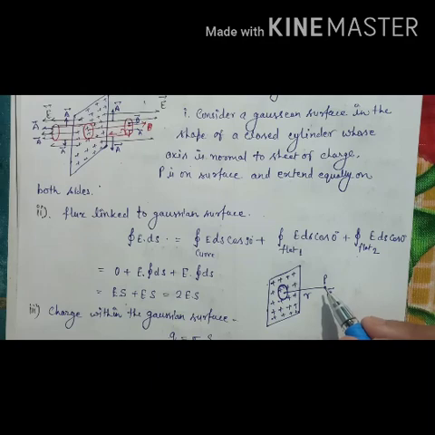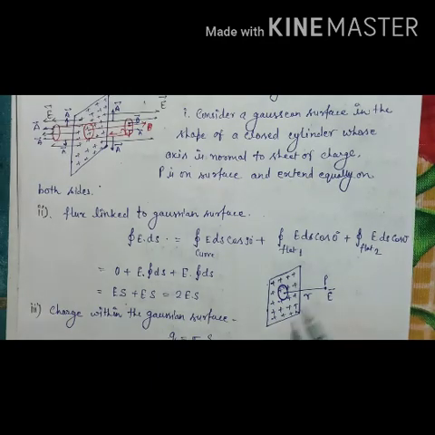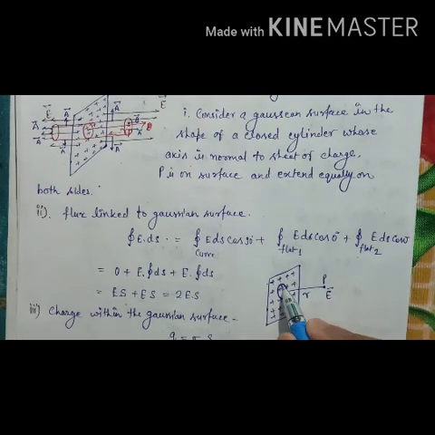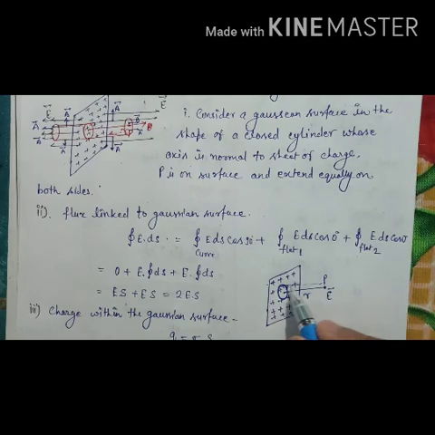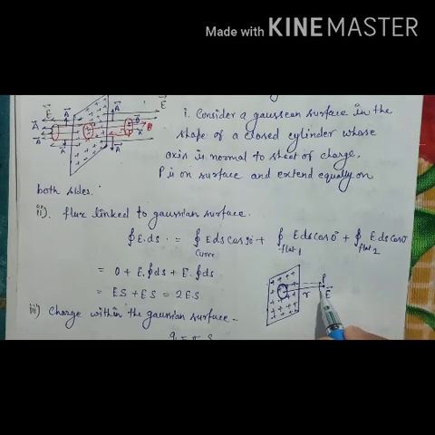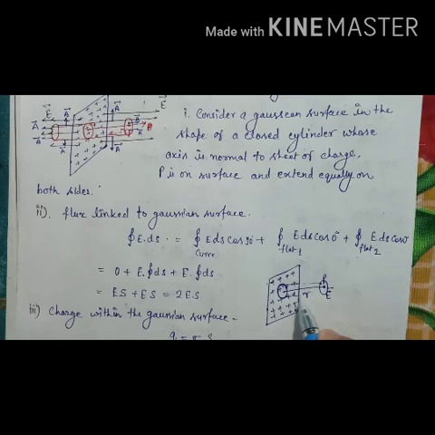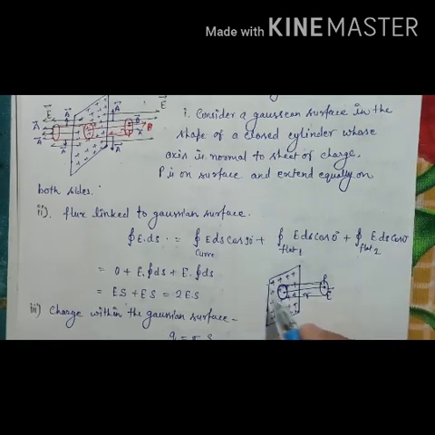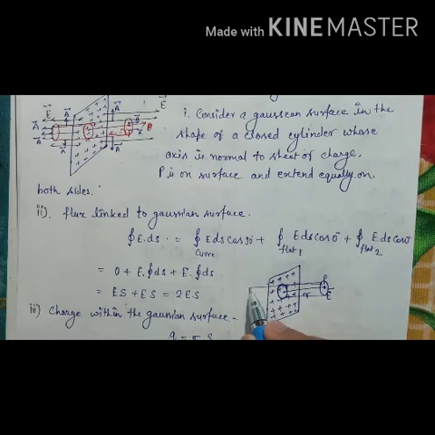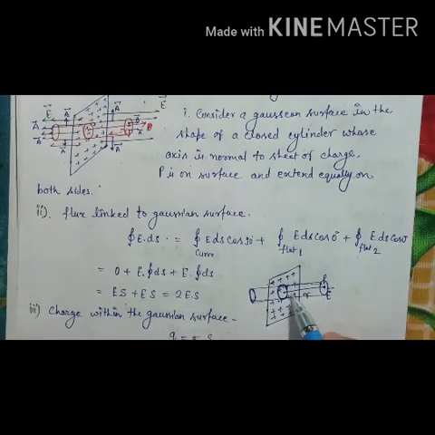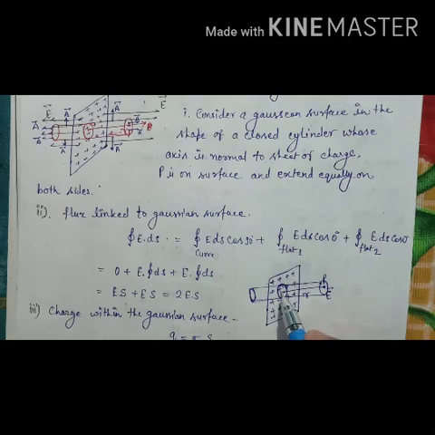For this purpose we use a cylinder whose axis is normal to the sheet. Let us suppose this is the cylinder, and this distance is r, so the other distance should also be r.